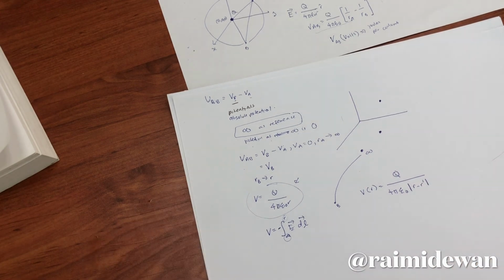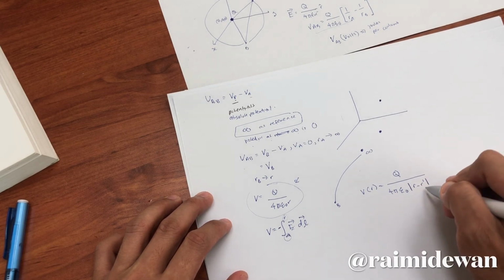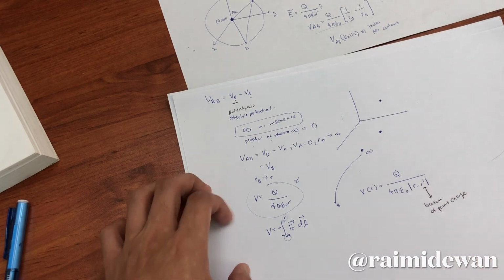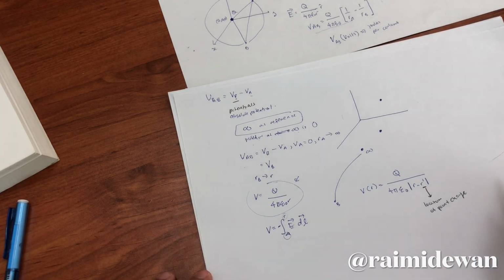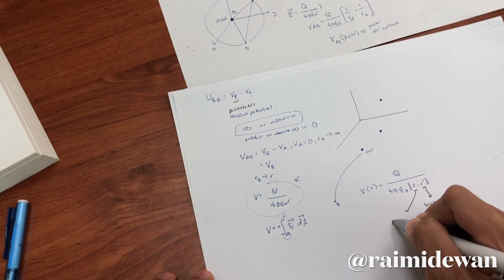Here r prime is the location of your point charge, and r is the location where we want to measure the potential.